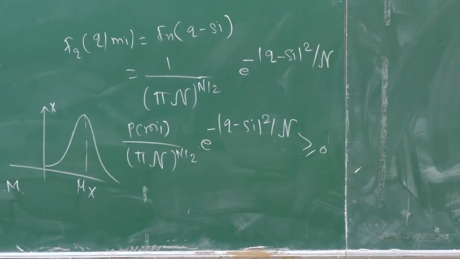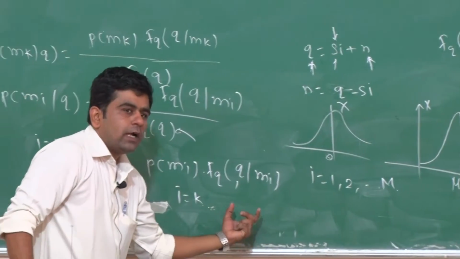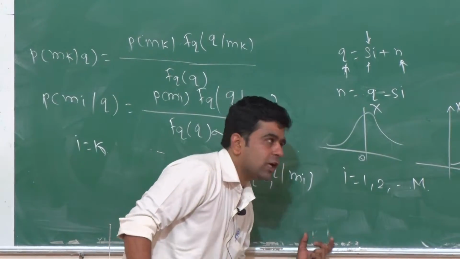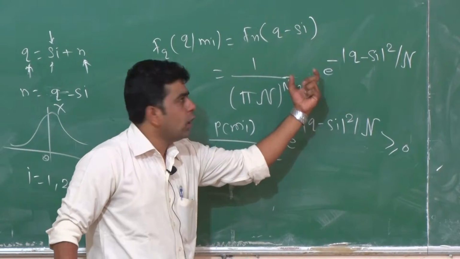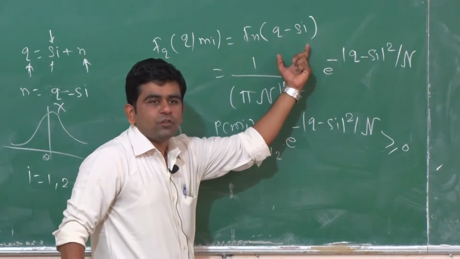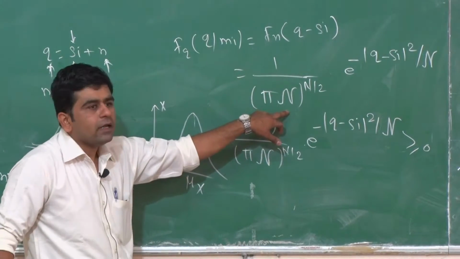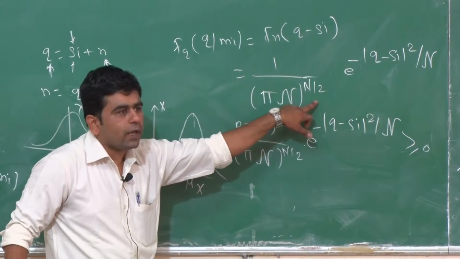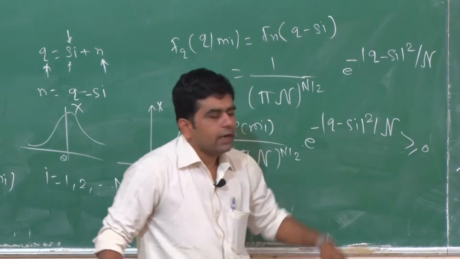Our job is to find the decision function. This will give us the probability of mi into the conditional probability distribution. This conditional probability distribution is equal to the probability density function for noise where n is equal to q minus si. That distribution is given as 1 by pi into italic N, the PSD of noise, raised to n by 2, into e raised to minus q minus si square divided by italic n.